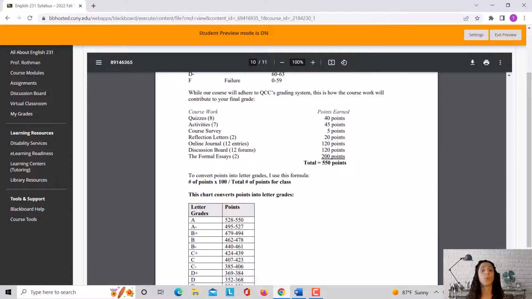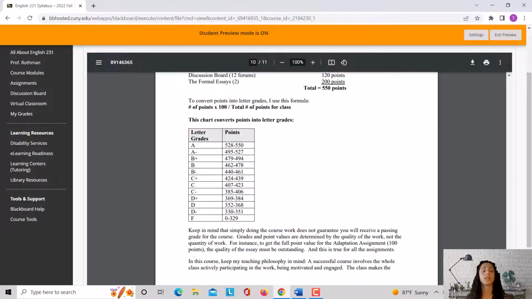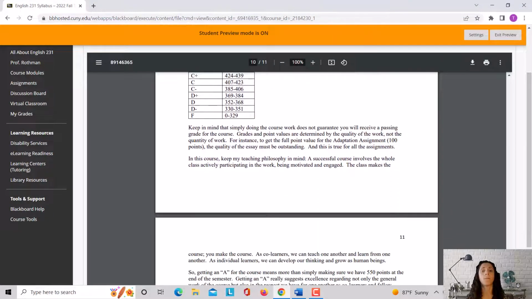To convert points into letter grades, I use this formula: the number of points that a student has, I multiply by 100, and I divide that by the total number of points for the class, which is 550 points. And the chart converts points into letter grades.